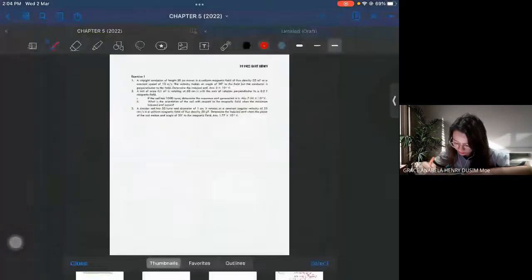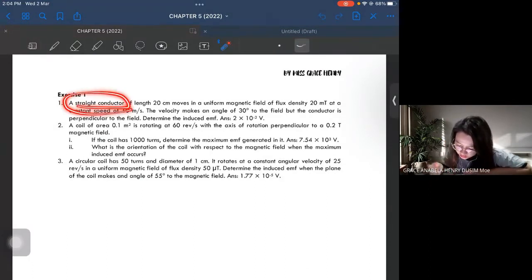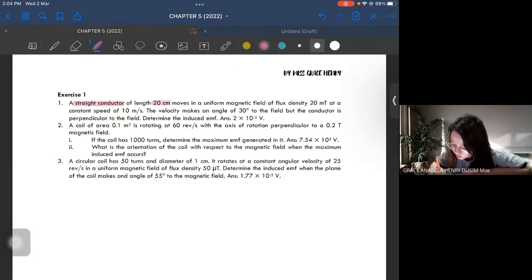Okay, so exercise 1, number 1. So the situation is a straight conductor. So dia bagi kita straight conductor with the length of 20 centimeter. So it moves in a uniform magnetic field of flux density 20 millitesla. And then dia bagi kita the speed which is 10 meter per second. So the velocity makes an angle of 30 degree to the field.